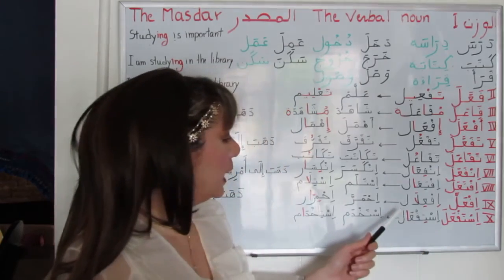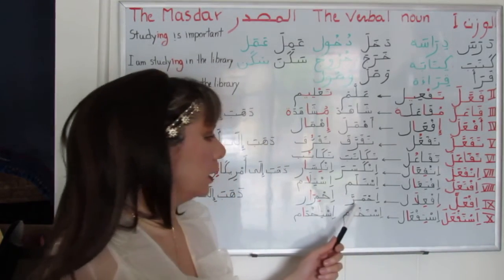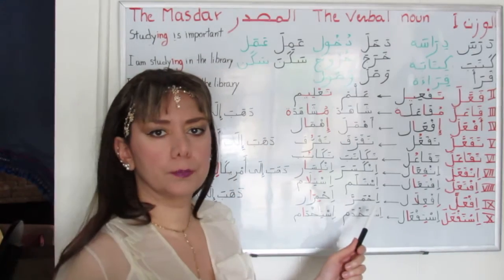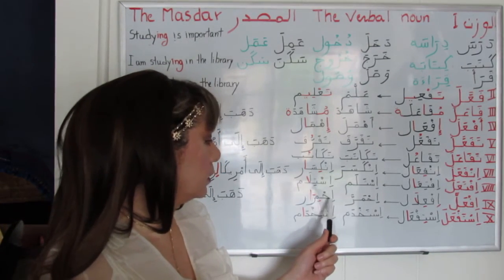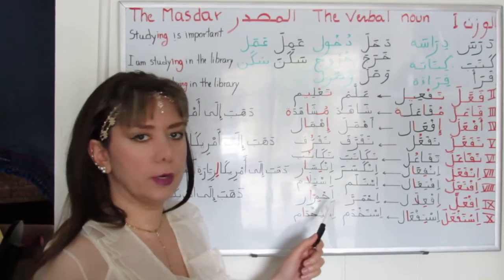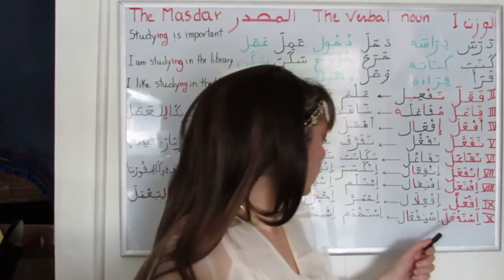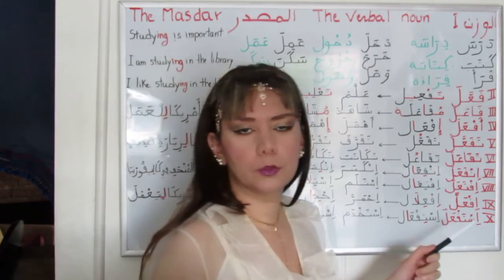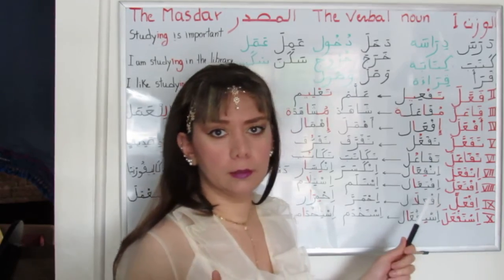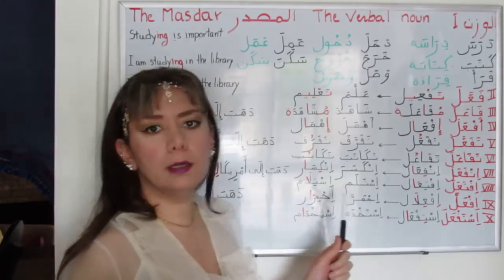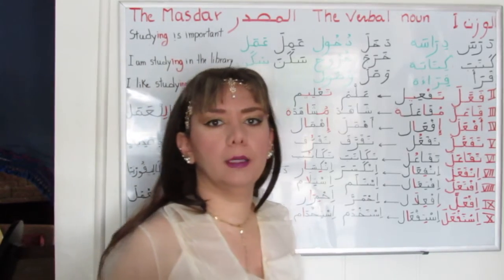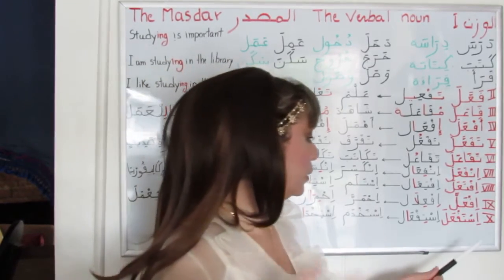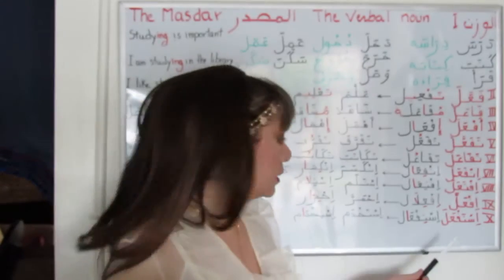If'alla, if'ilal. Ihmarra, to blush. Ihmirar, blushing, turning red. Or isfarra, to pale, he paled. Isfirar, paling. It's all about colors and defects in the body, as you remember from the previous lessons.